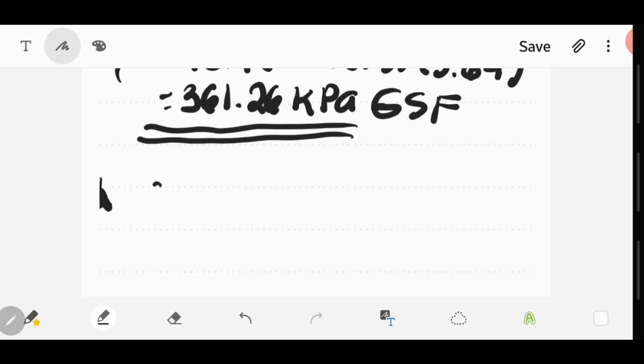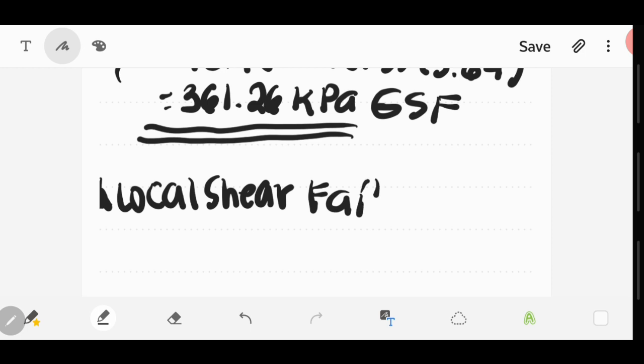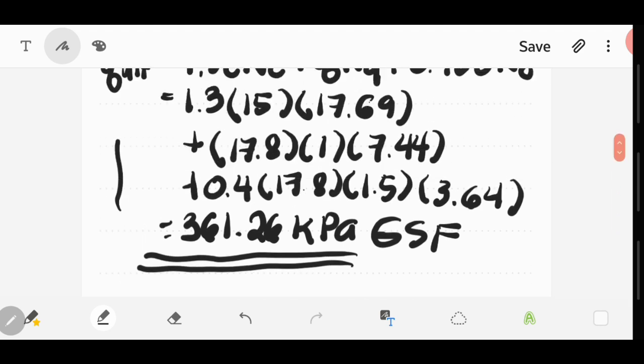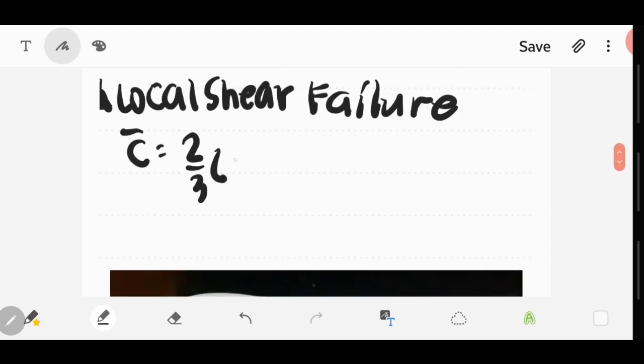So your c bar is equal to 2/3 of your c, 2/3 of 15. Therefore, that is equal to 10 kilopascal.